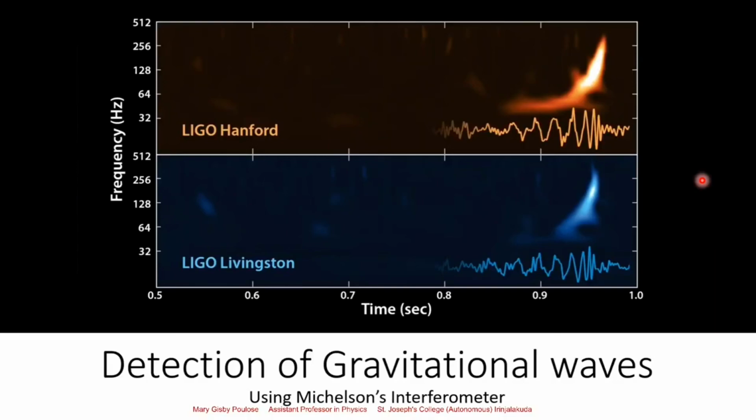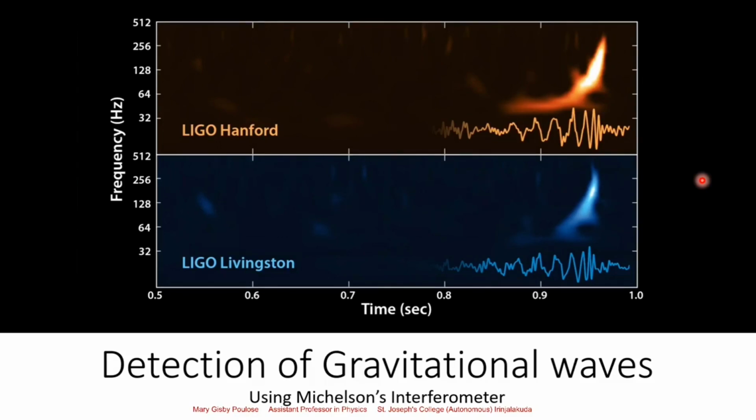Now we are coming to the end of the session, so let's go back to the first image that I showed. This is the reading that gave us the first direct evidence of detection of gravitational waves, and it was done using a Michelson's interferometer at two different labs simultaneously.